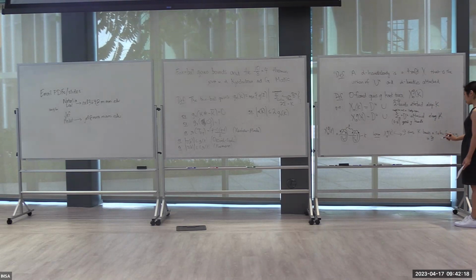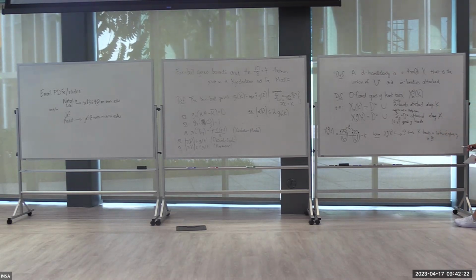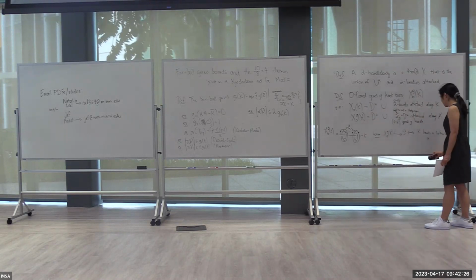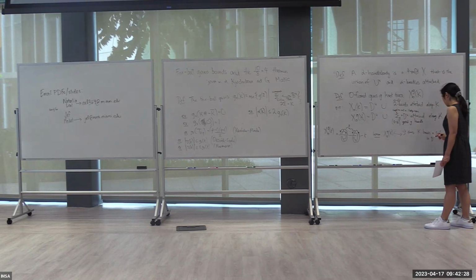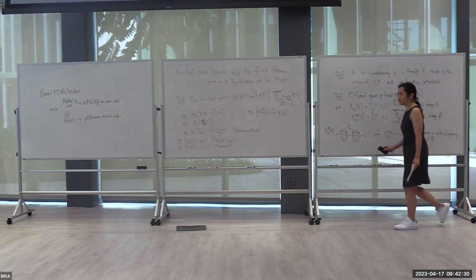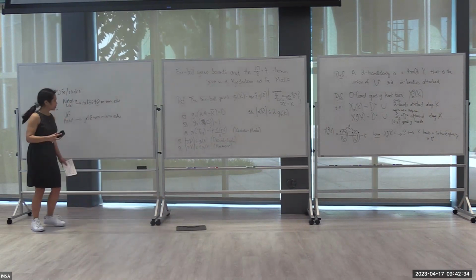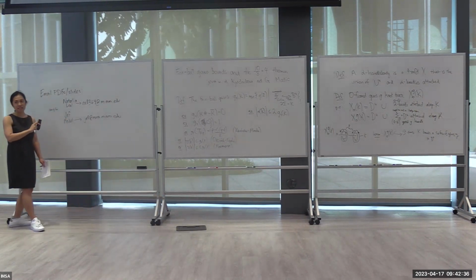So in other words, the four-ball genus should be less than or equal to G. Is it okay if you erase this?